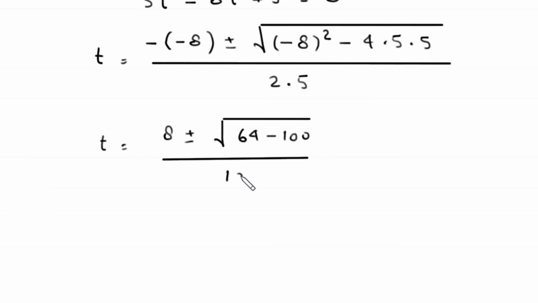Next, t is equal to 8 plus or minus, this will become root of negative 36, divided by 10.